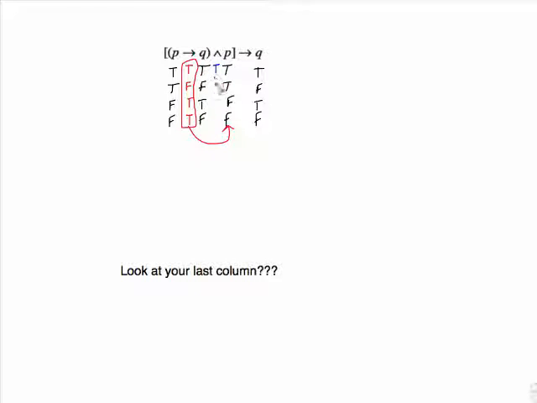So this is true, and the rest of these must be false. So this blue column is my answer for the brackets. I need to do the blue column with this final black column under the conditional. And the only time the conditional is false is if the premise is true and the conclusion is false. I don't have that situation, so all of these are true.